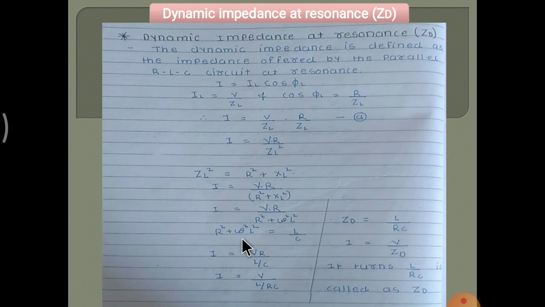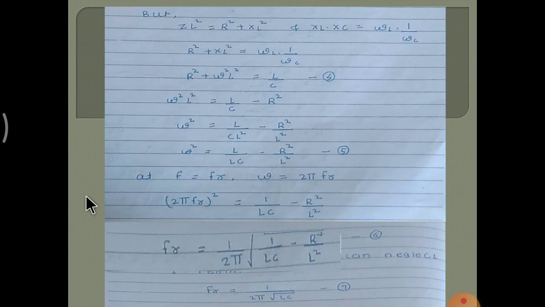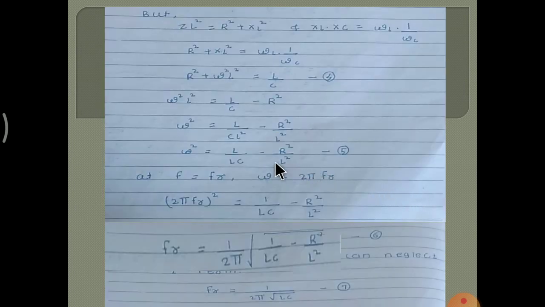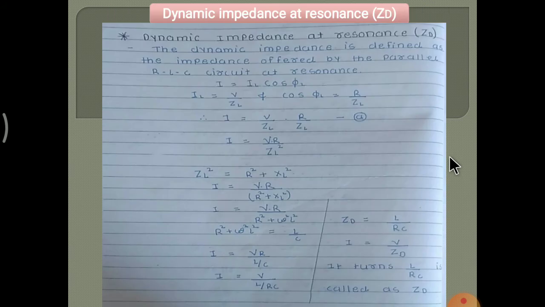Then R square plus omega square L square is equal to L upon C. This we get from the derivation of the resonant frequency. Directly we can put this value instead of R square plus omega square L square.